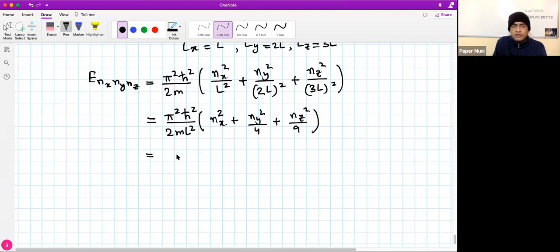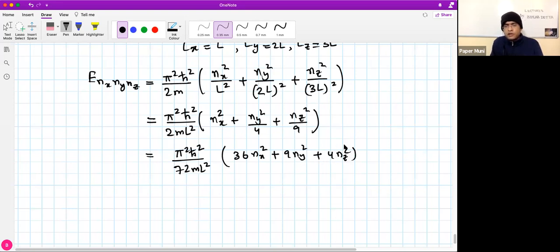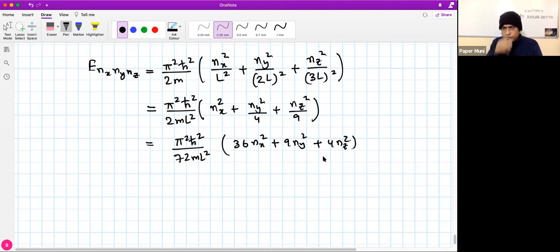If I take the LCM, we have 36 out here, so we'll get 72 ml square outside, and here we'll have 36 nx square plus 9 ny square plus 4 nz square. Right, this is what we should get.